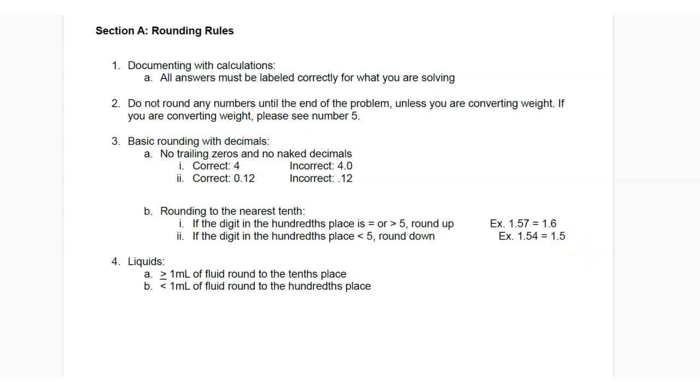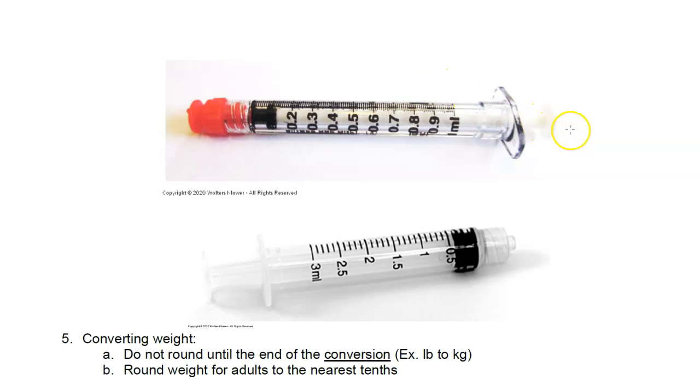Rule number 4. If we're talking about liquid medication, if it's greater than or equal to 1 ml of fluid, you have to round to the nearest tenths place. If it's less than 1 ml, you have to round to the nearest hundredths place. The main reason for that rule is because you want to be as accurate as possible, and at the same time, you want to look at the instruments that you're going to be using. Let's say you have to draw up 0.34.